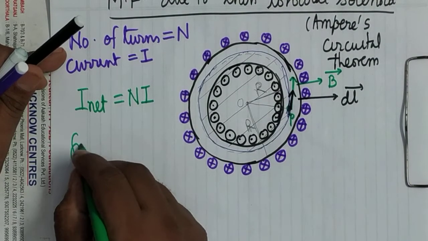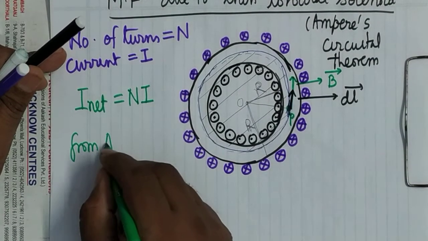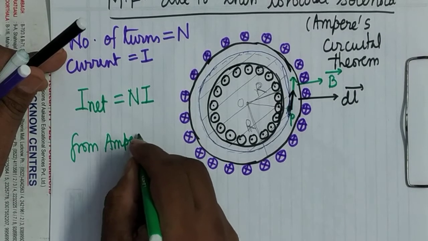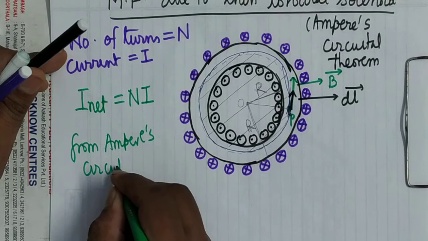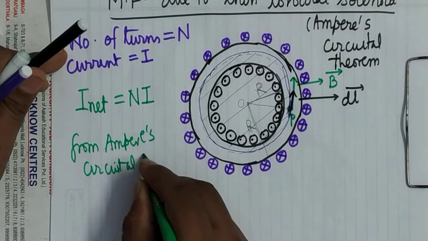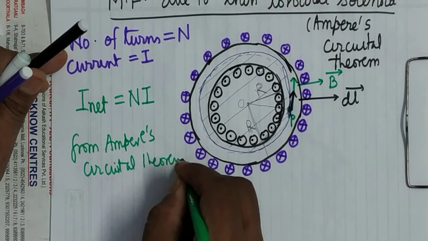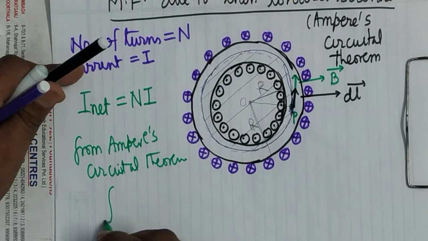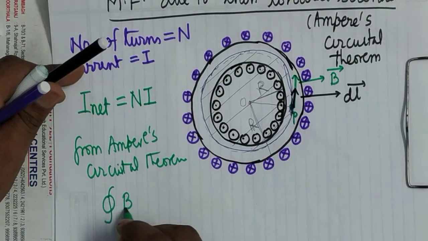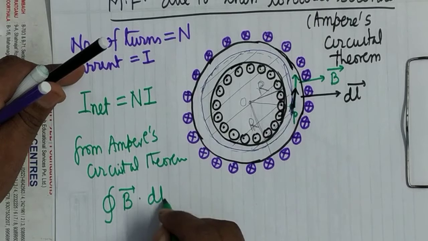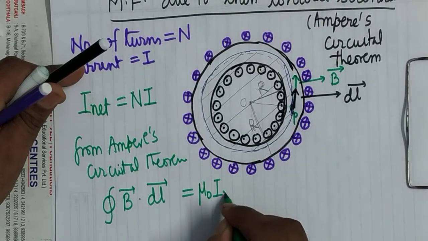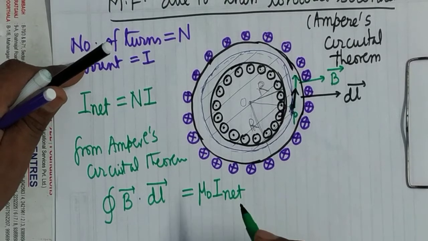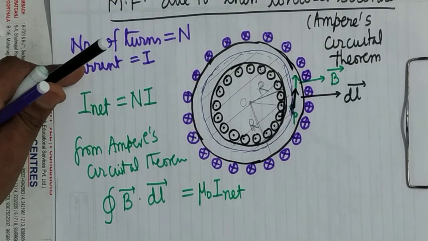So from Ampere's circuital theorem, integral B dot dl over the Amperian loop will be equal to mu naught times the net current threading the area enclosed by the Amperian loop.